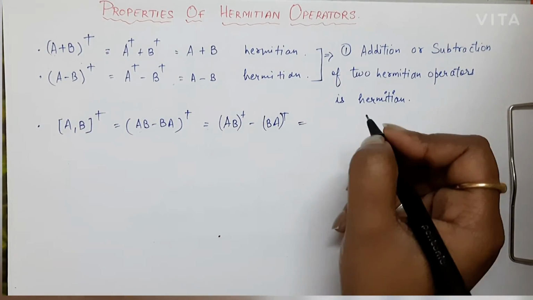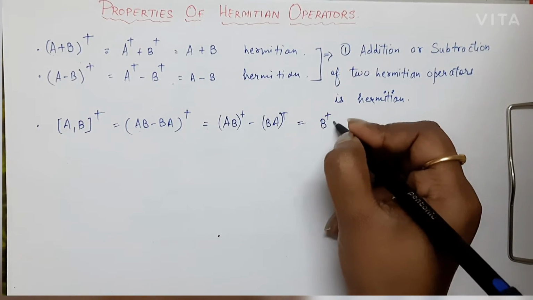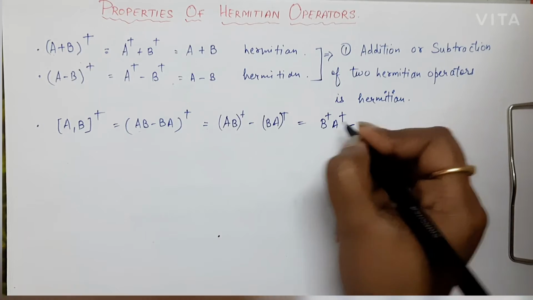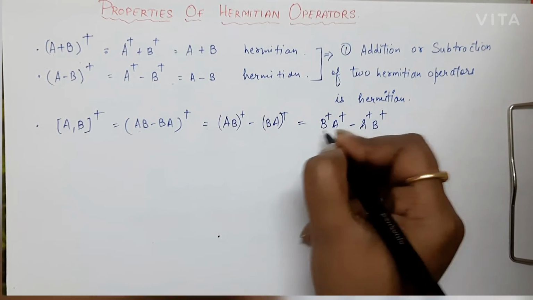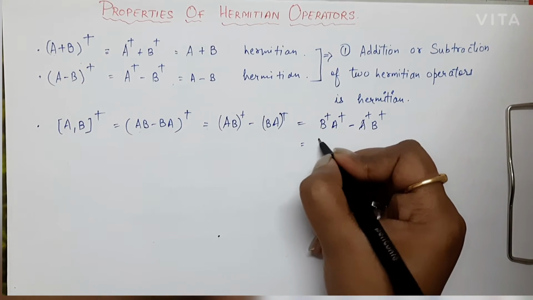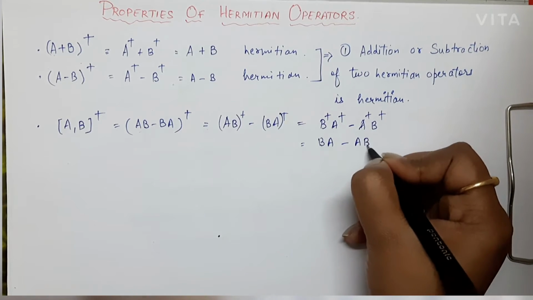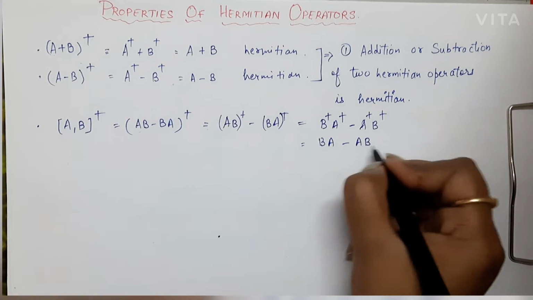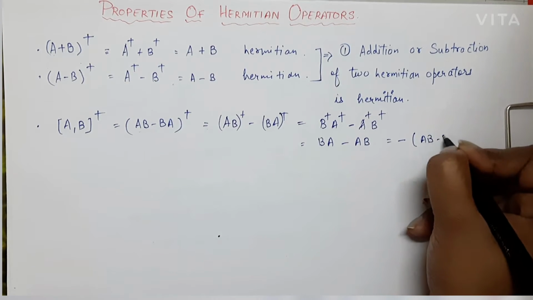So (AB) whole dagger will be written as B dagger into A dagger, and (BA) dagger will be written as A dagger B dagger, right? This is also a property which we have discussed. Now B dagger will be equal to B, A dagger equals A, B dagger equals B. Now if I take out minus common from this, it will become AB minus BA, right?